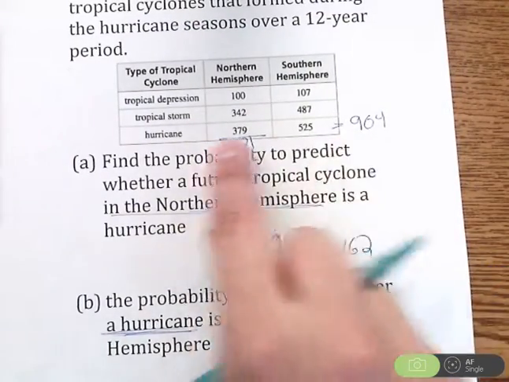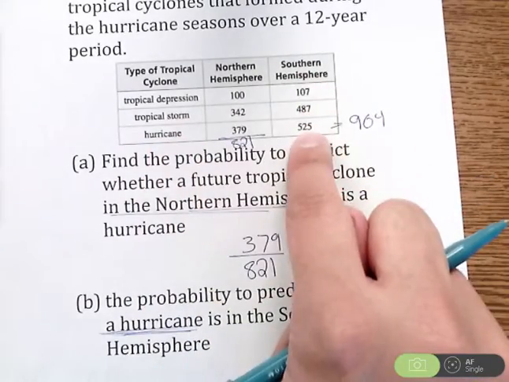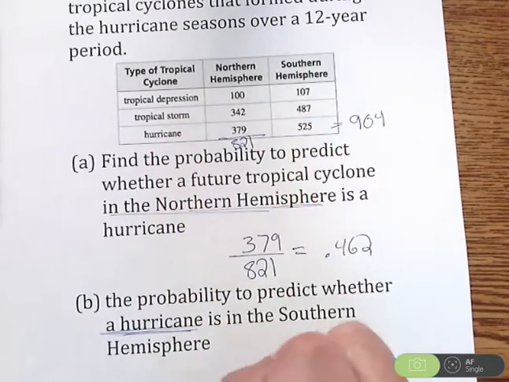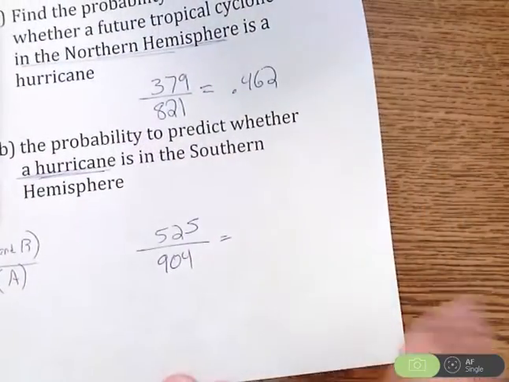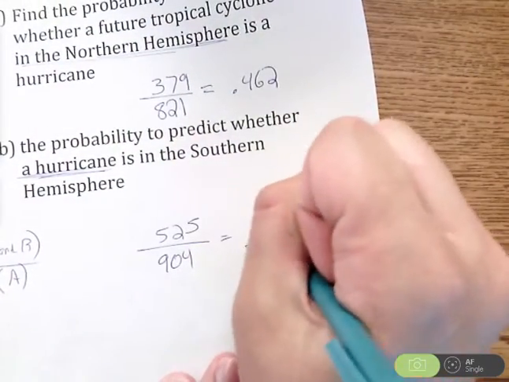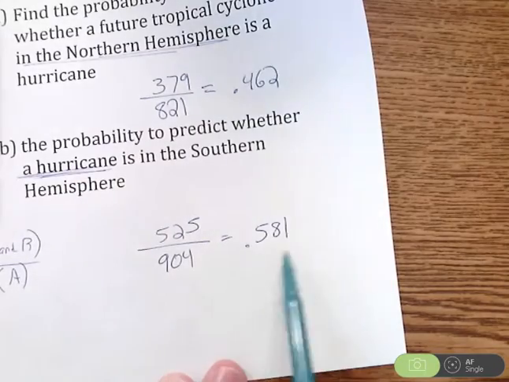Of 904 total hurricanes, how many were hurricanes in the southern hemisphere? That was 525. So 525 divided by 904 becomes 0.581. 0.581 is the probability that you have a hurricane that is in the southern hemisphere.